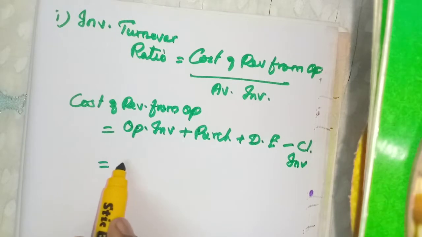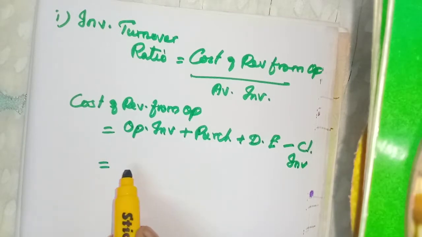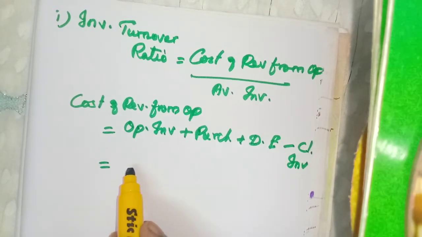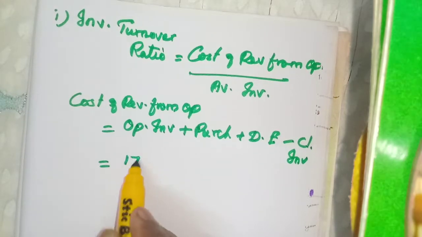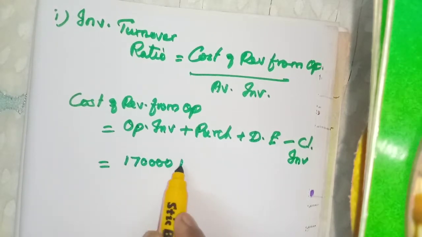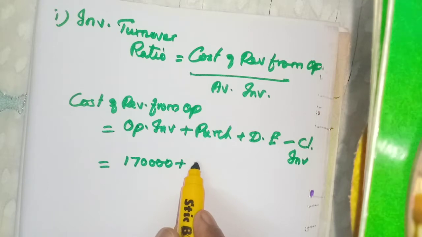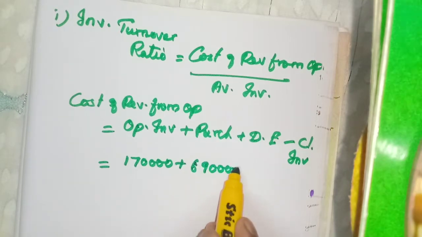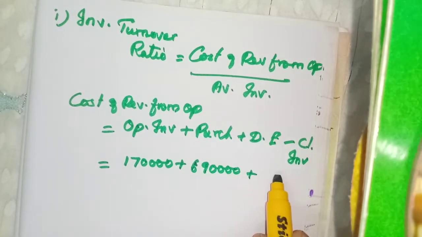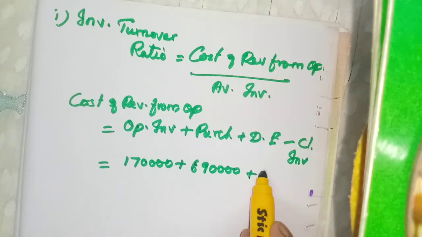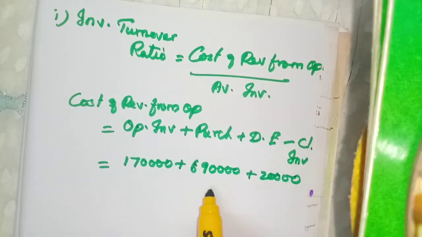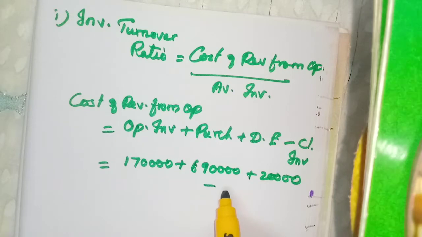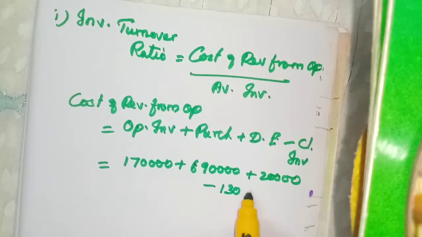Here, what is the opening inventory? Inventory at the beginning of the year 1,70,000 plus purchases 6,90,000, direct expenses carriage inward 20,000, minus closing inventory 1,30,000.